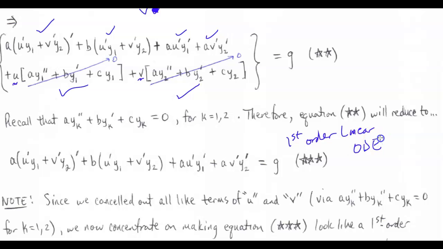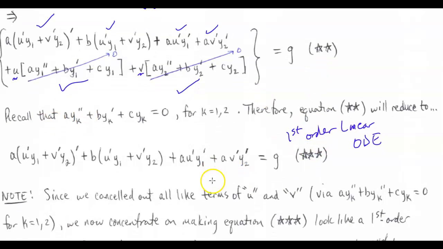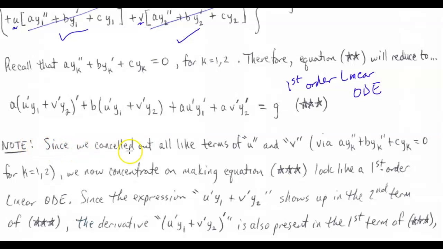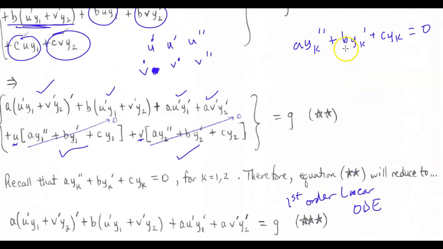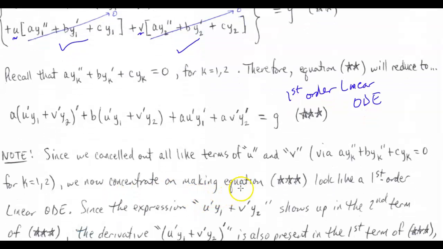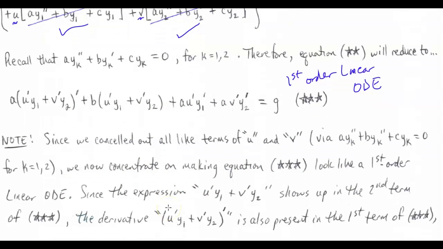It doesn't necessarily look like it right now, but it has to be that. Okay. And so note, since we canceled out all like terms of u and v, which means that, of course, by what I was saying up here, that has to equal 0, we now can concentrate on making this equation here look like a first order linear one.